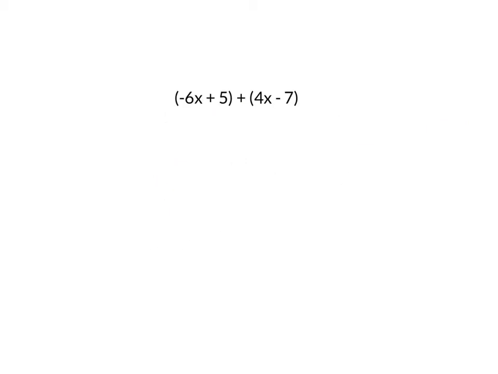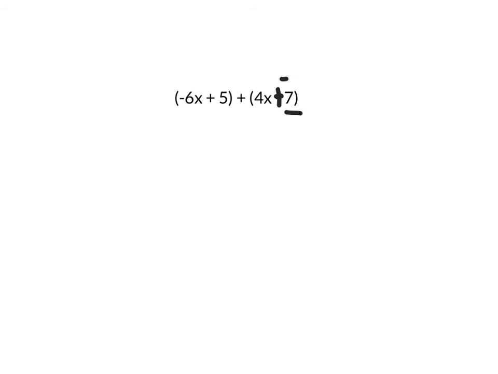Alright, so we have this problem, which is -6x plus 5 plus 4x minus 7. The first thing we're going to want to do here is, since we have a minus, change that to an addition. So we'll put a plus sign there, and then the number in front of it has to be negative. So this is a -7 now.